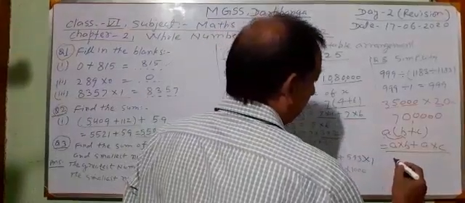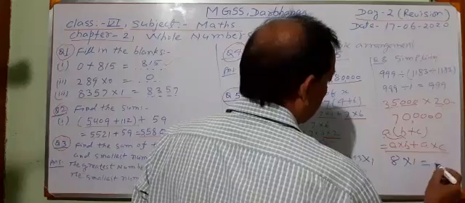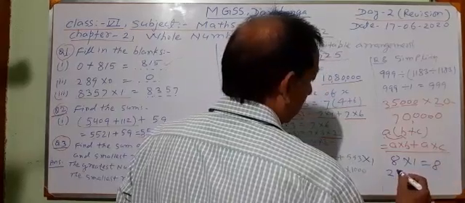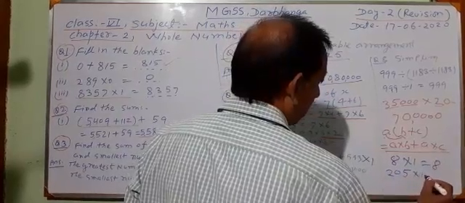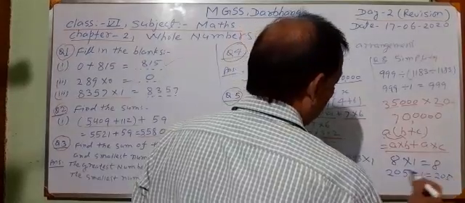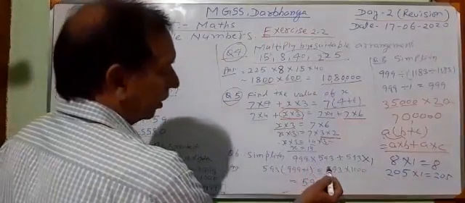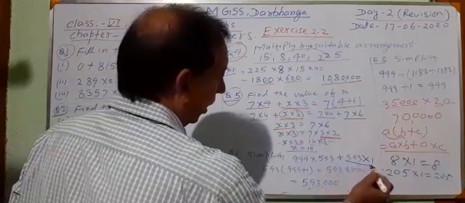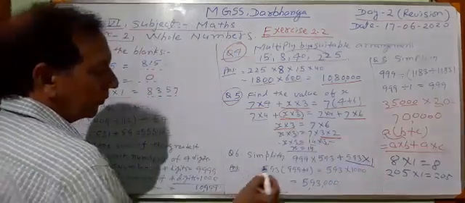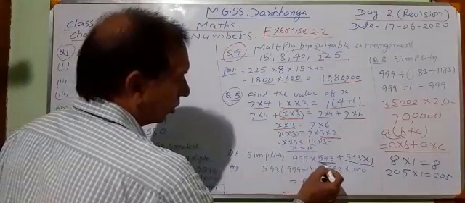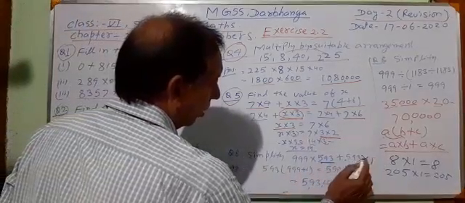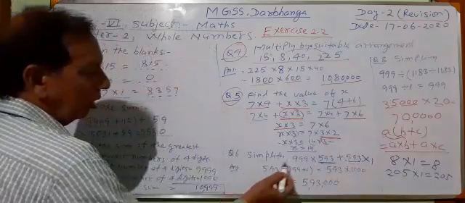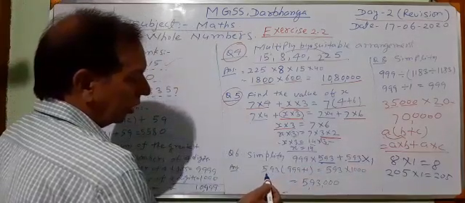Because if we write 8 multiplied by 1, this is equal to 8. 205 multiplied by 1, this is equal to 205. We can write here 593 is equal to 593 multiplied by 1. Now what we are seeing, 593 is here also and 593 is here also. We shall take it common.